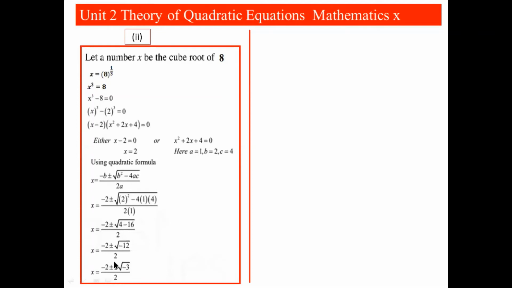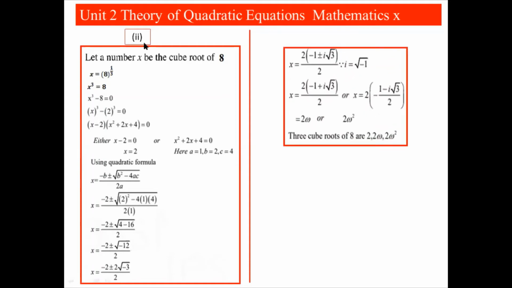So now we can take 2 common, and we can also write this in form of iota, since square root of minus 1 is iota. After writing in form of iota and taking 2 as common, first we write with the positive sign and second with the negative sign.